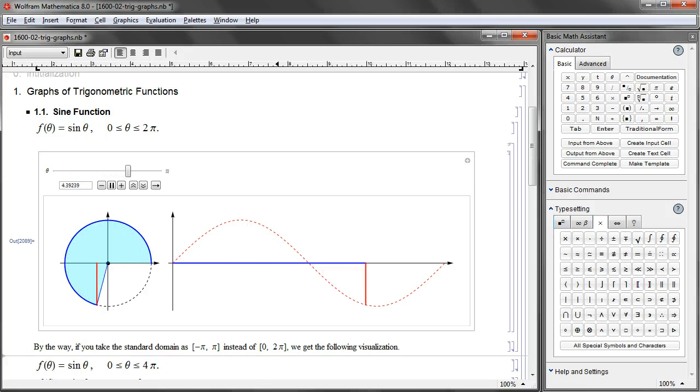On the left-hand side we have a unit circle, and the angle is being visualized by the arc length in the counterclockwise direction, starting from the initial point 1, 0 toward the terminal point x, y, which is being continued over.